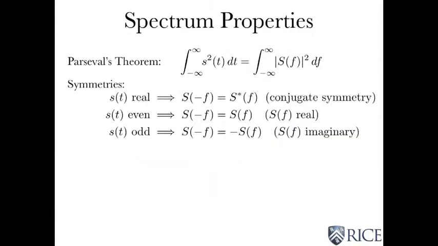Okay, so here are some interesting properties of spectra. None of these should be a surprise. We have Parseval's theorem. Signal power has roughly the same expression except for the magnitude, in either the time domain or frequency domain. They look very, very simple.